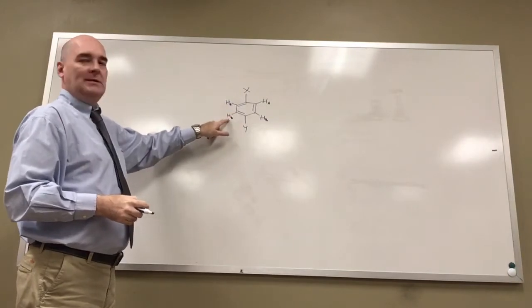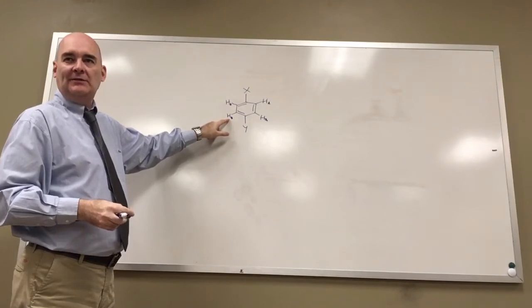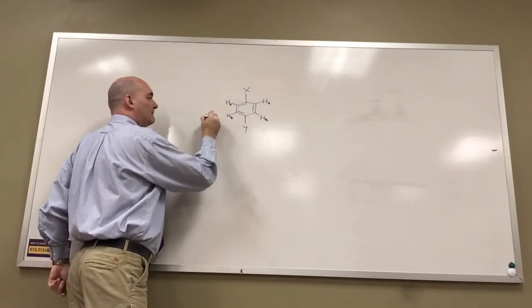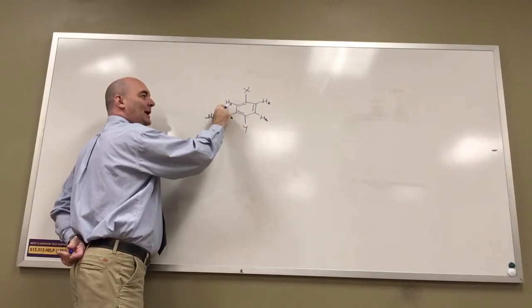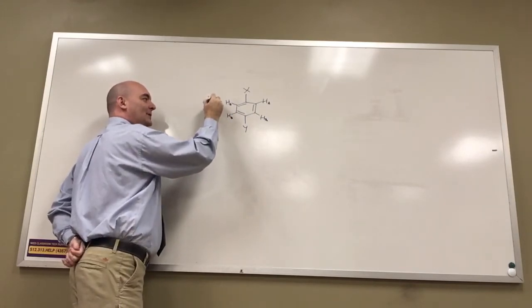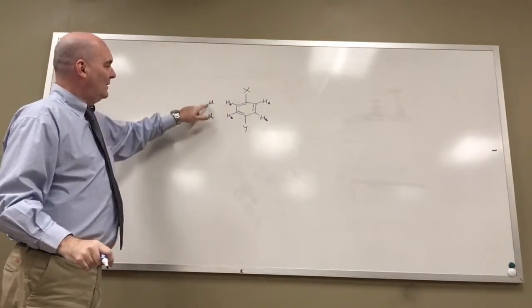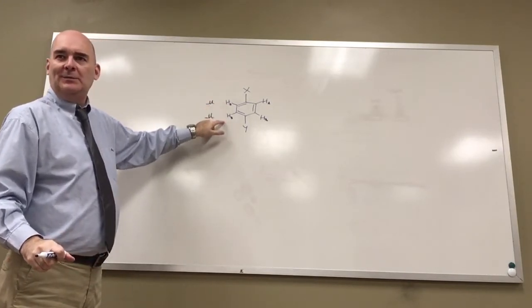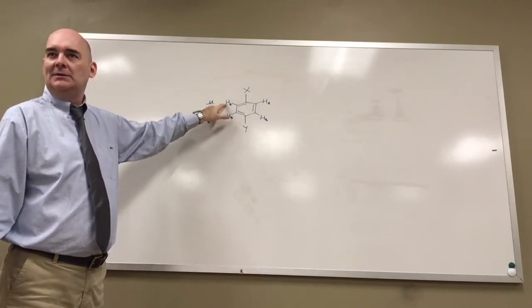This hydrogen, B, how many hydrogens as neighbors does it have? That's a doublet. And then this one, hydrogen A, how many hydrogens as neighbors does that one have? So that's also a doublet. But are we to assume that the view from A looking at B is the same as the view from B looking at A?